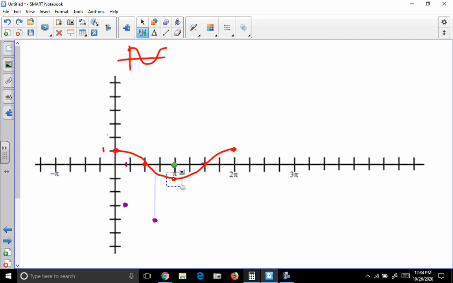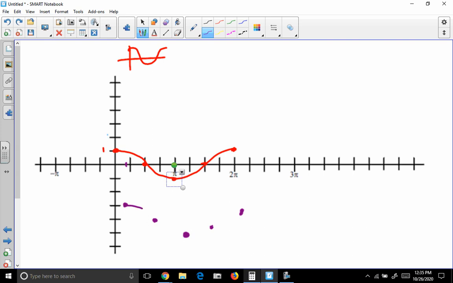So the next point over here and then down 1, 2, 3, 4. And then the next one over and then 1, 2, 3, 4. And the last one, over and down, 1, 2, 3, 4.